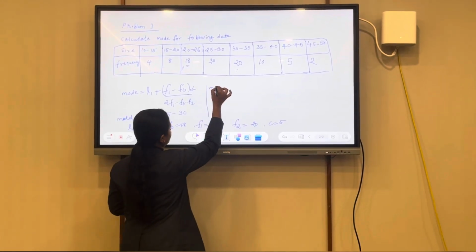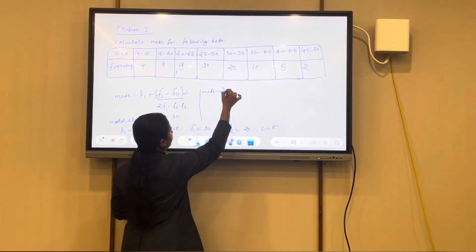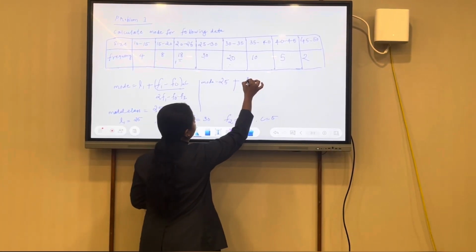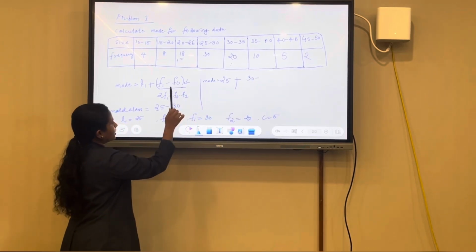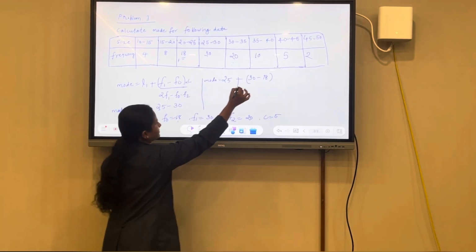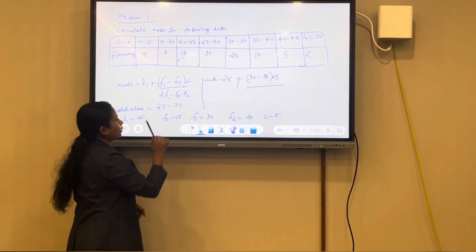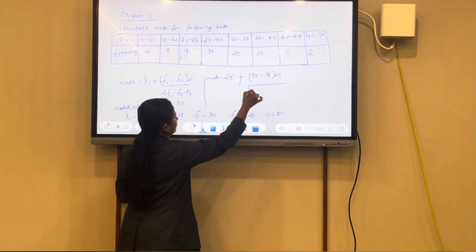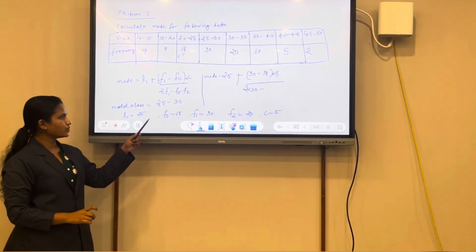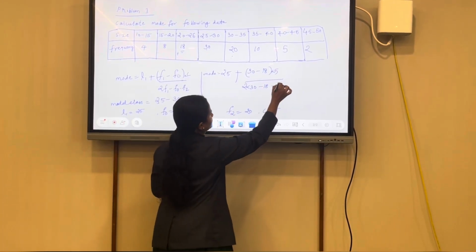So mode is equal to L1, L1 is equal to 25, 25 plus F1 is equal to 30, 30 minus F0 is equal to 18, into C, C is equal to 5, divided by 2F1, 2 into 30, minus F0, F0 is equal to 18, and F2 is equal to 20.